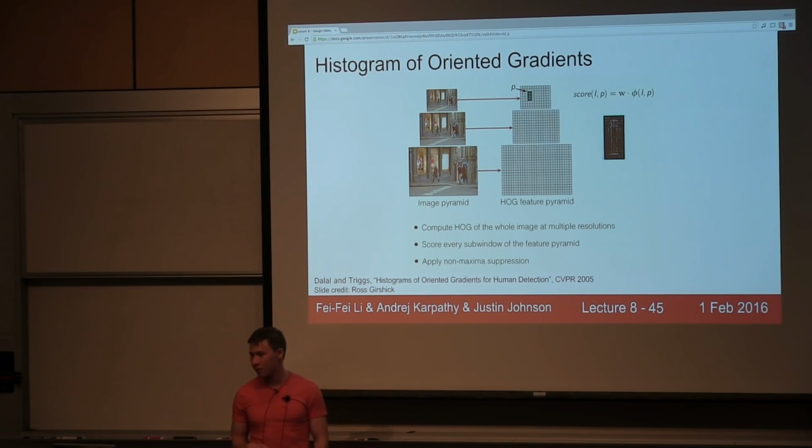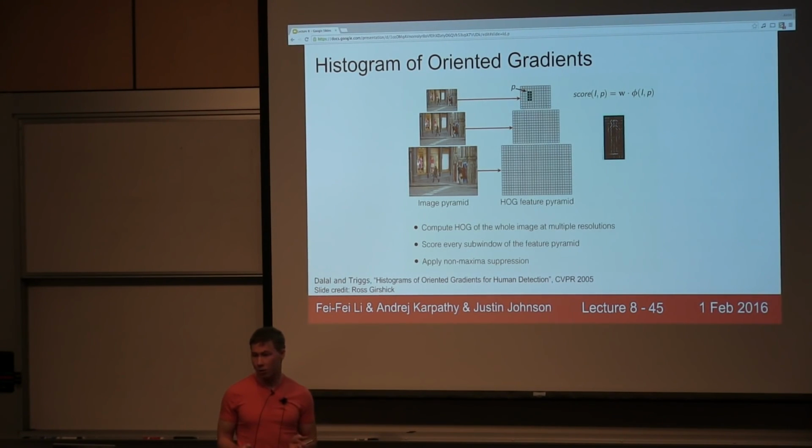Starting in about 2005, there was a really successful approach, at the time, for pedestrian detection that used a feature representation called histogram of oriented gradients. If you recall, in homework 1 you used this feature on the last part to do classification as well. This was the best feature we had in computer vision circa 2005. The idea is we just do linear classifiers on top of this feature, and that's going to be our classifier.